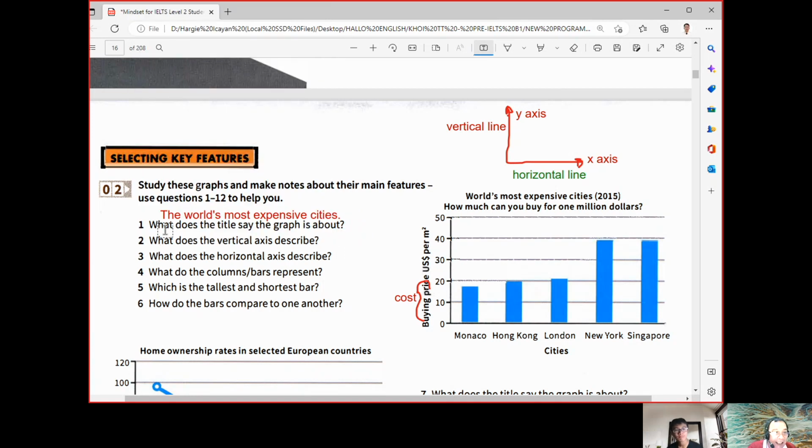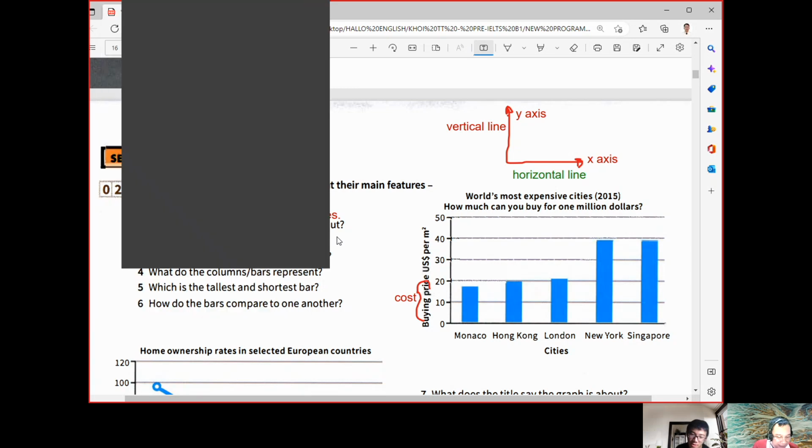And the vertical axis states that it is about buying costs, dollars per meter. So the costs per square meter in US dollars.